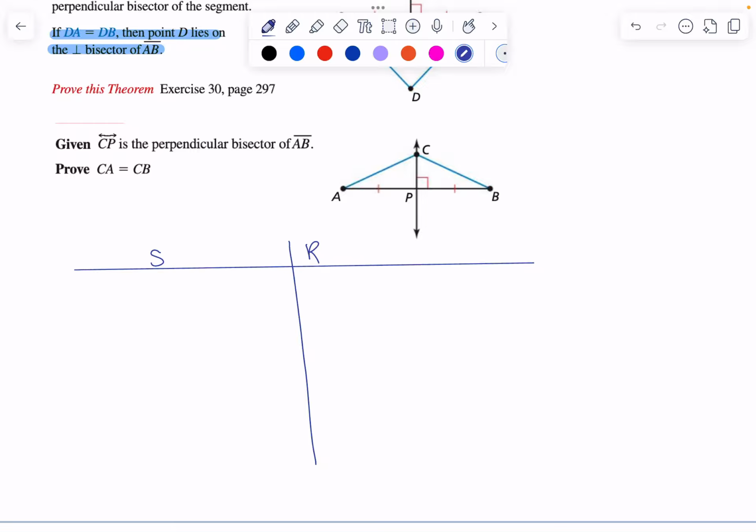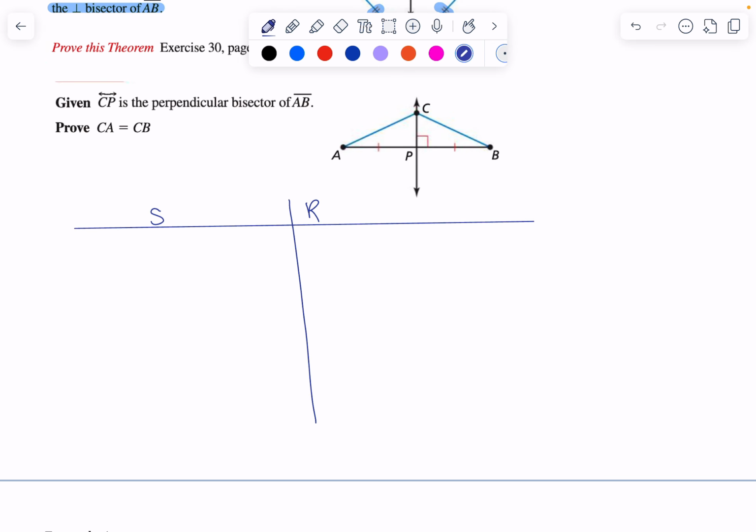And then if we can prove that the two triangles are congruent, we could just use corresponding parts of congruent triangles to prove this final statement. So as always, we'll begin with the given, which is that line CP is the perpendicular bisector of segment AB. That information is given.